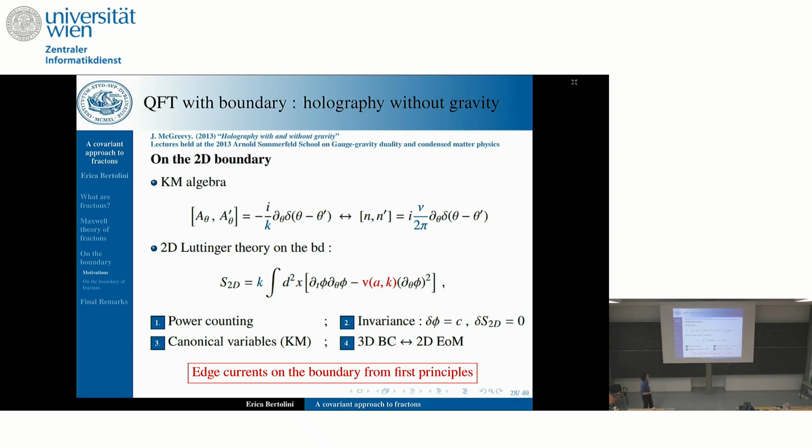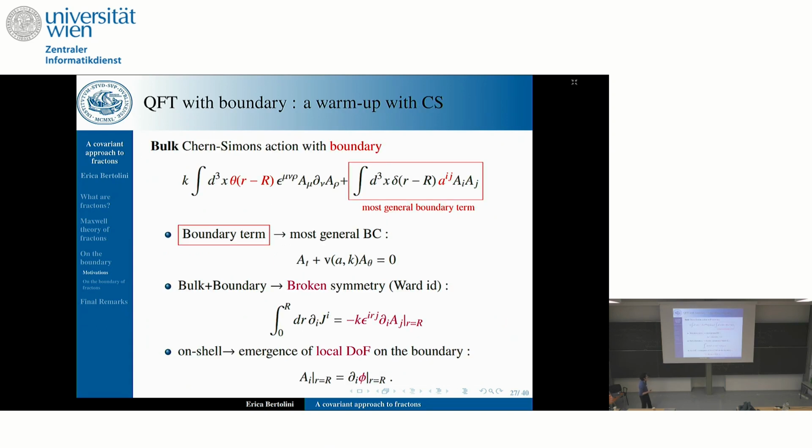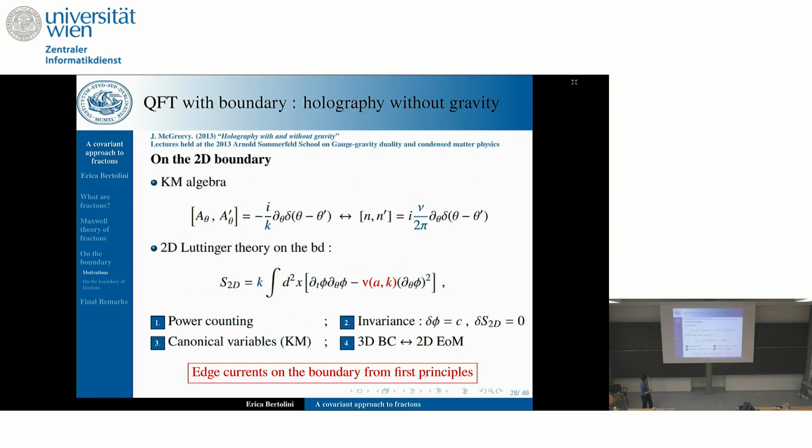And by asking for these requests, for instance, just power counting and invariance under the symmetry, and by looking at the canonical variables from this algebra and matching the boundary condition with the equations of motion of the most general invariant action, one lands on the two-dimensional Luttinger theory on the boundary, meaning that this theory is describing edge currents that move on the boundary, and in particular, a chiral boson on the boundary, just from first principles.